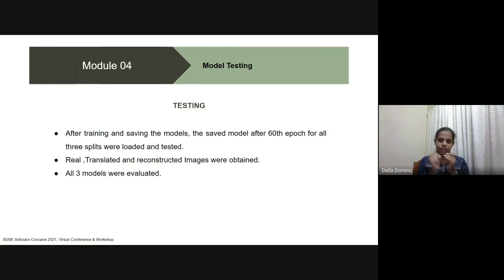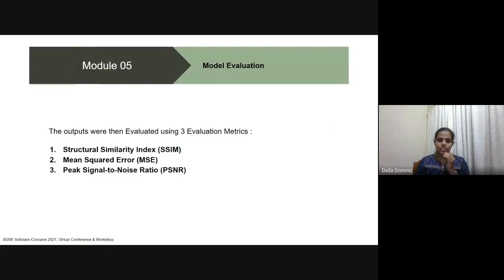Since we are using unpaired images, we do not have a ground truth CT image to compare our results to. Hence, we are generating reconstructed images using the other generator, that is the B2A generator, and comparing the real MRI and the reconstructed MRI. The 3 models are evaluated against 3 evaluation metrics, namely structural similarity index, SSIM, mean squared error, MSE, and PSNR, that is peak signal to noise ratio.